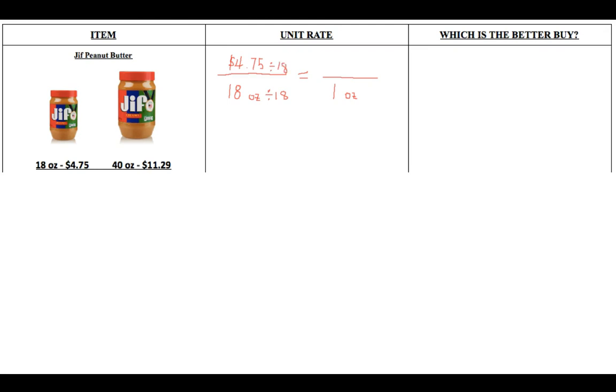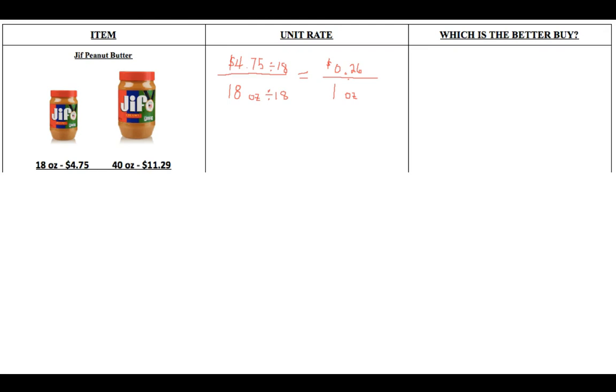Okay, well, 18 divided by 18 is 1, so I get to 1 ounce. And now I just need to do 4.75 divided by 18. And the cost per ounce is roughly going to cost us about 26 cents. Okay, that's the cost per ounce for the $4.75 18-ounce jar. So cost per ounce, that's not too bad, 26 cents.